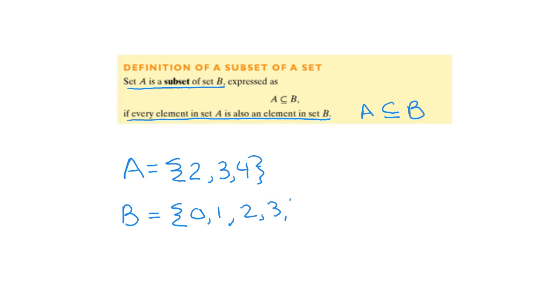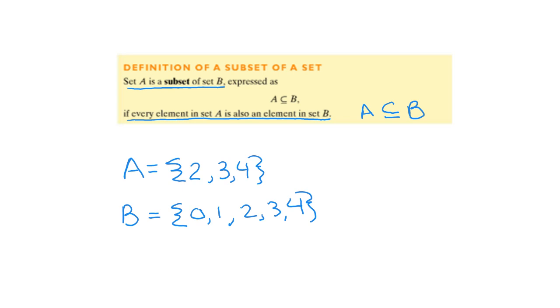So if we wanted to think of an example, I could say, let's make set A have the following items, 2, 3, 4. And we'll say set B will contain this list of numbers, 0, 1, 2, 3.